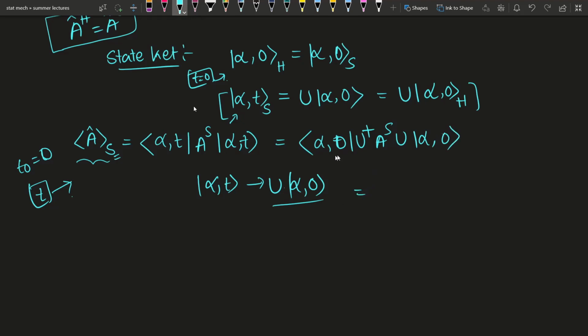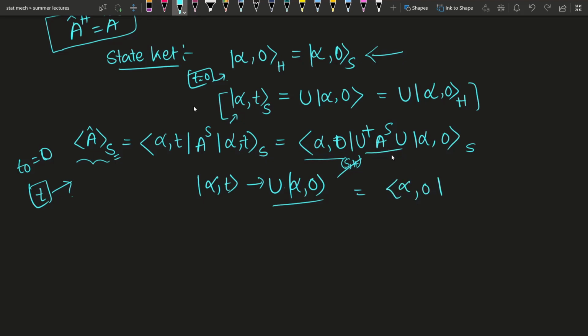Now at t equals 0 both the states are the same, as I have discussed here. So at t equals 0 I can write this as S or H, both. This is S. Now what it becomes, alpha 0.